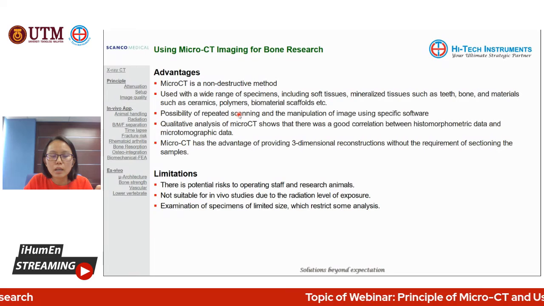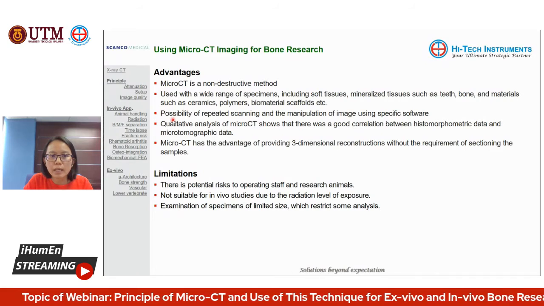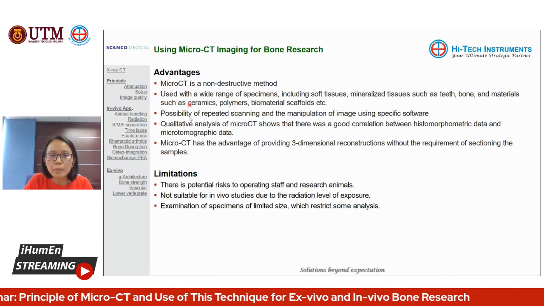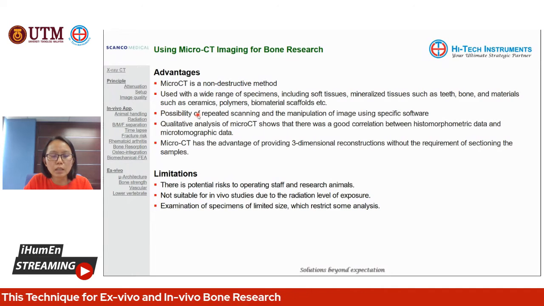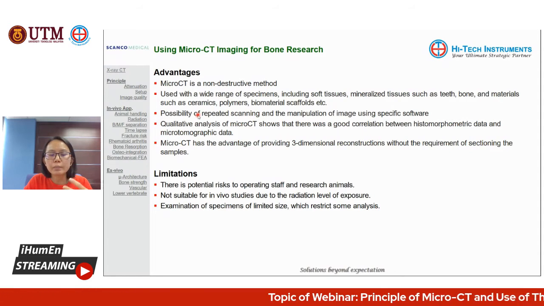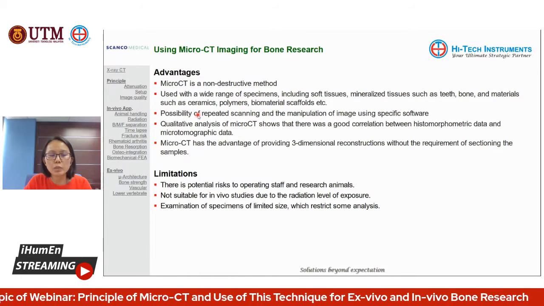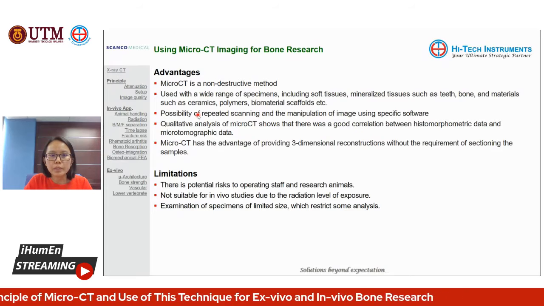Another advantage is the possibility to repeat the scanning because the sample is not destroyed. It's still a whole intact piece, so you can scan it anytime after being treated by something. After a certain experiment or treatment, you can scan it again to see the changes of your material.